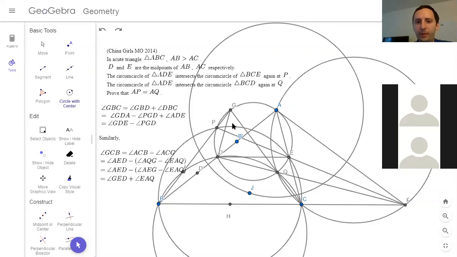The radius would be the square root of AB times AE, and AB times AE is equal to AD times AC. So we can invert about a circle with that radius. So B goes to E and C goes to D. I agree with that. So the circumcircle of BCD goes to the circumcircle of BEC. Okay, I agree with that.